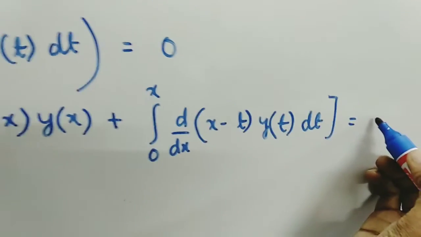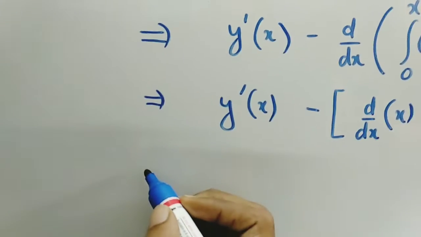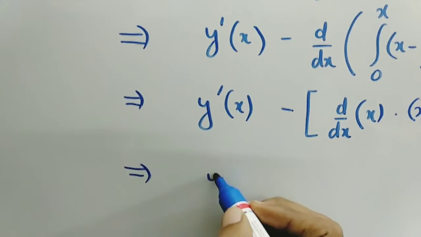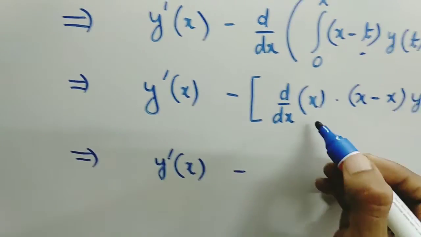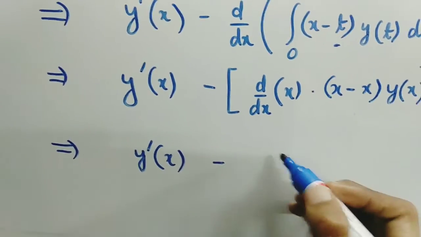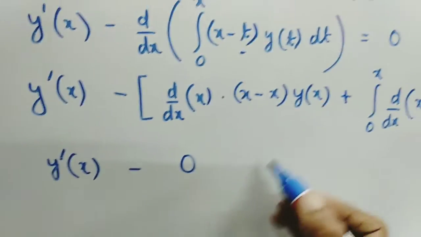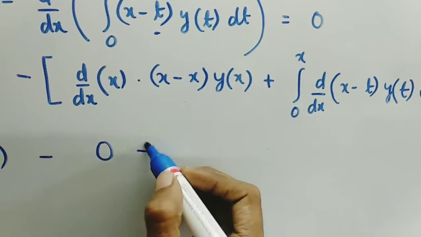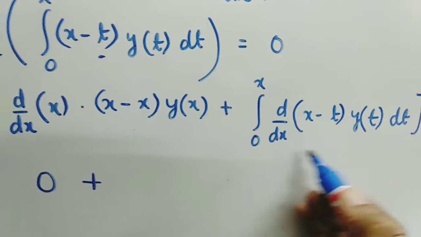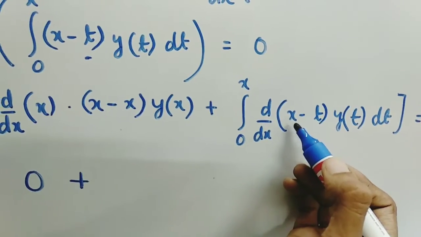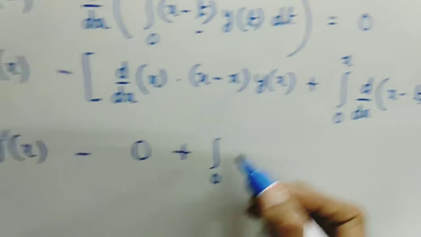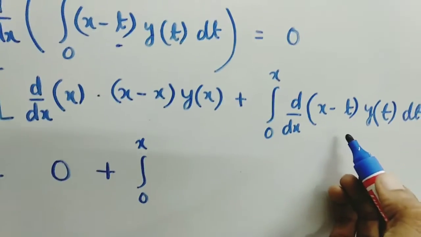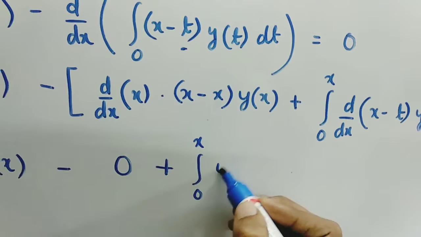सो ये है लिबनिज रूल। सो लिबनिज रूल को अप्लाई करने से हमें क्या मिला, y dash x minus, d by dx of x is 1 और ये x माइनस x is 0। सो होल टर्म 0 हो जाएगा। प्लस सेकेंड टर्म क्या हो जाएगा, डेरिवेटिव ऑफ (x माइनस t) d by dx of (x minus t) which is equals to 1, okay, and y(t) as it is. So 0 to x into y(t) dt as it is, because ये term d by dx of (x minus t) is 1.